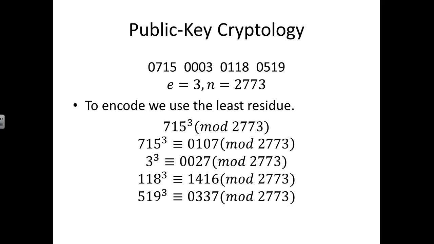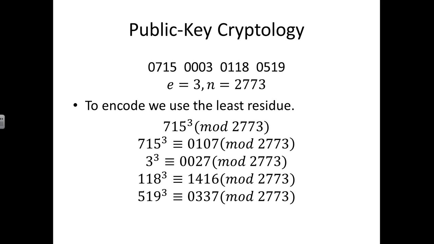So when we get that, that number is congruent to 107, which we used Excel for, and since 107 is not four digits, which is what we need so that we can get back to our ciphertext, then we put that 0 out in front of it. Again, we do that whenever the numbers are not in 4 digits.